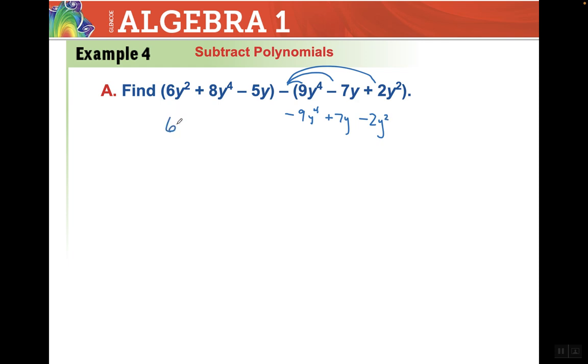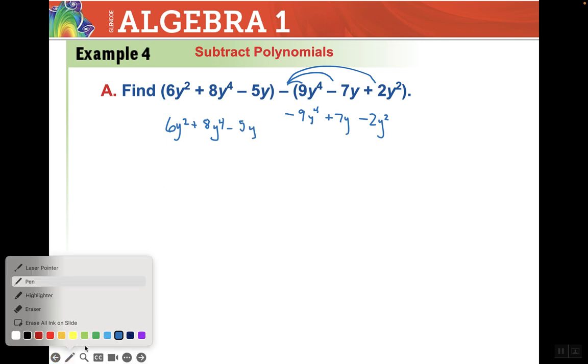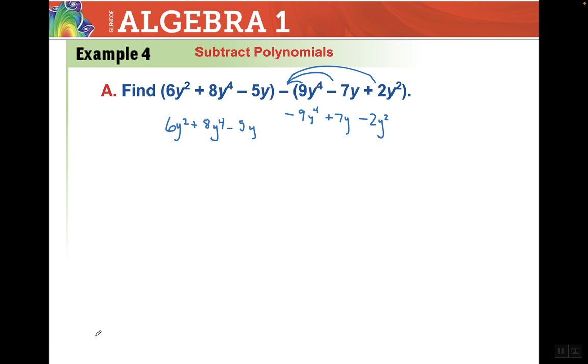And these guys don't change at all, but I'll just write them down. Okay, now we can just combine our like terms. So I have a positive 8y to the 4th and a -9y to the 4th. So I have -1y to the 4th.